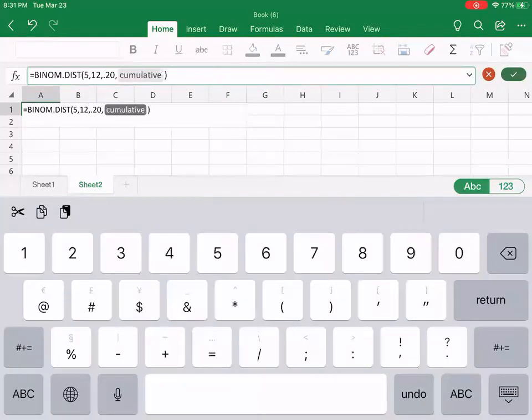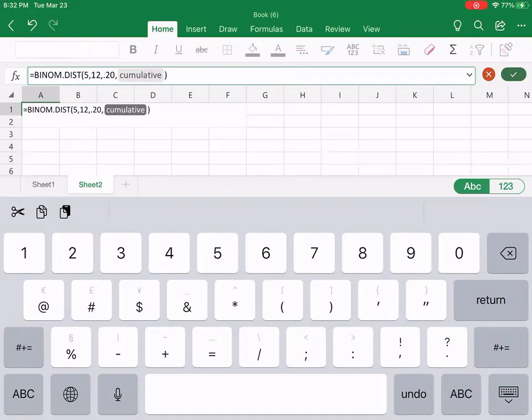This last part says cumulative. Cumulative is either going to be true or false. Anybody tell me what the word cumulative means? All together. I like that word. Cumulative means you're adding up all together, everything up to a particular number of successes.